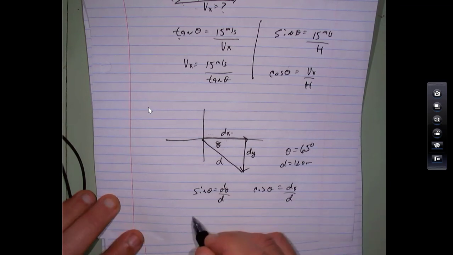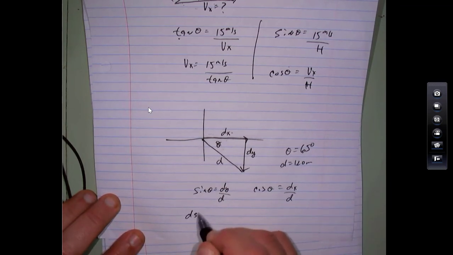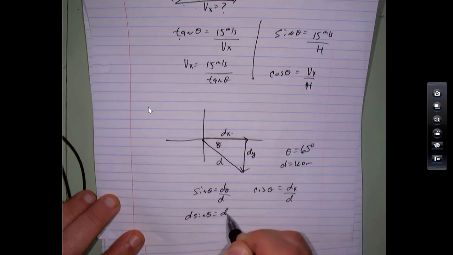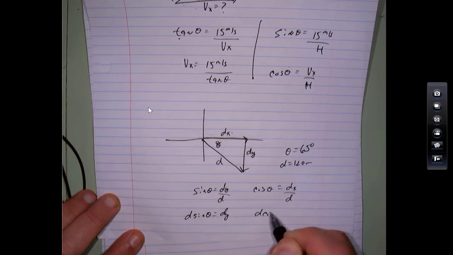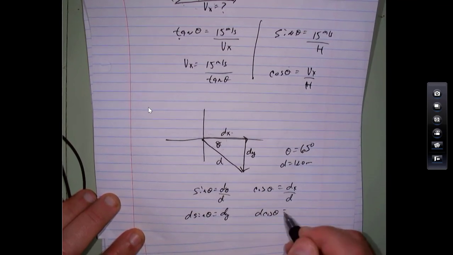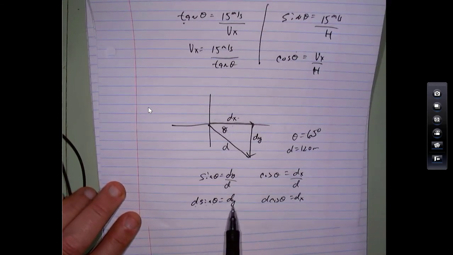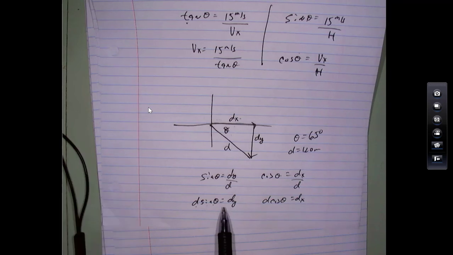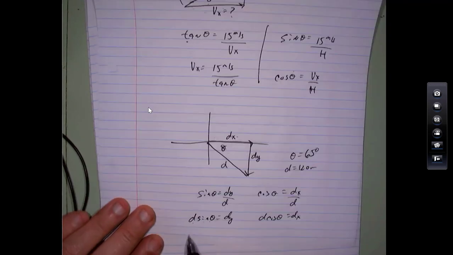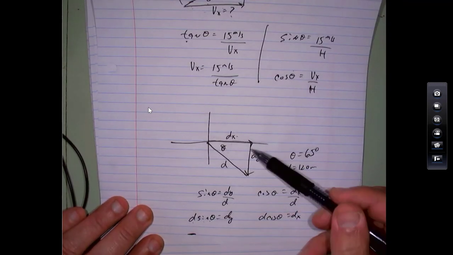And then you can get both of these. So d sine theta is dy, and d cosine theta is equal to dx. Now when you do this, you put 120 sine of 65 to get dy. That's going to come out positive. You have to then insert the negative sign because of the picture.